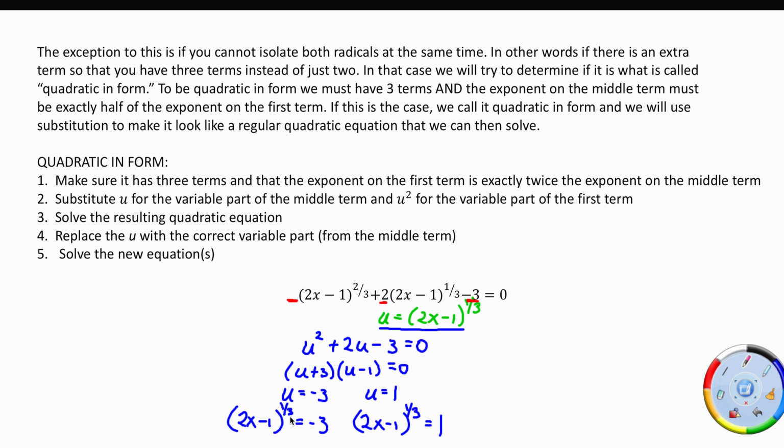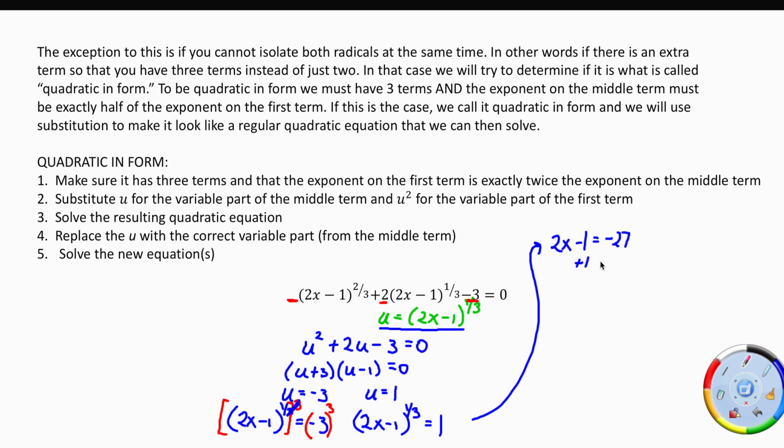Okay, now these I can solve, right? This is just like what we were talking about. I'm going to raise both of these to the 3rd power, which gives me 2x - 1 equals -27.